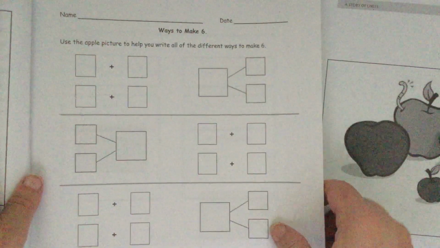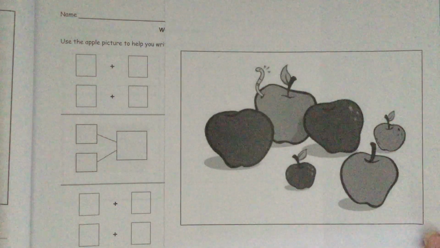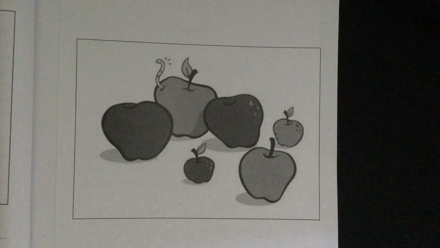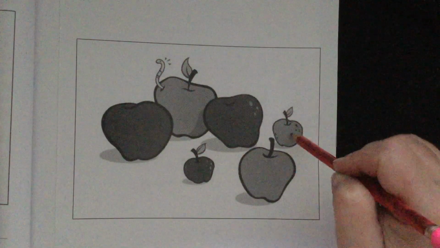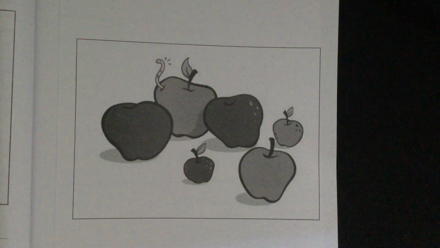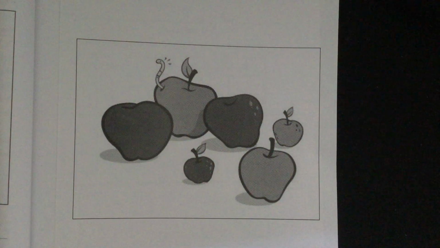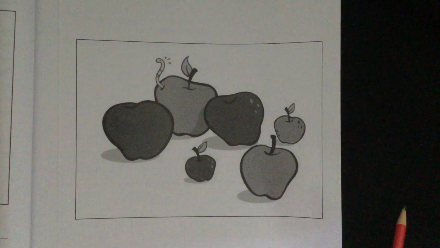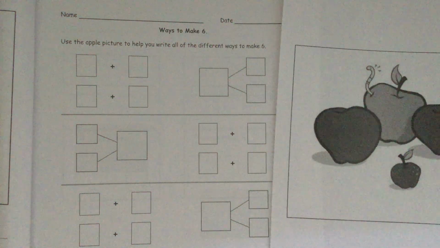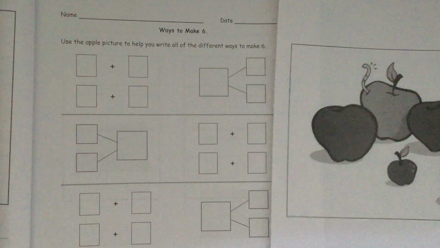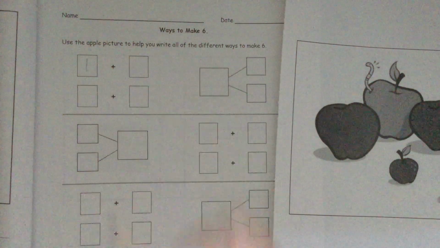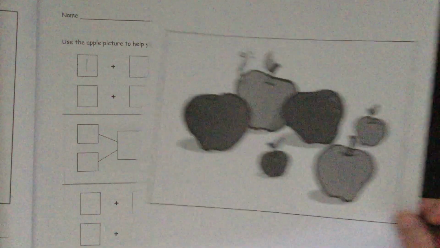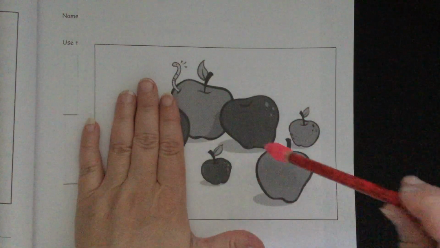Okay, let's count our apple picture first. We have 1, 2, 3, 4, 5, 6 apples in this picture. So we're going to figure out all the different ways that we can make 6. You can start with a 1, and how many would be left? If we took away 1, then we have 1, 2, 3, 4, 5.